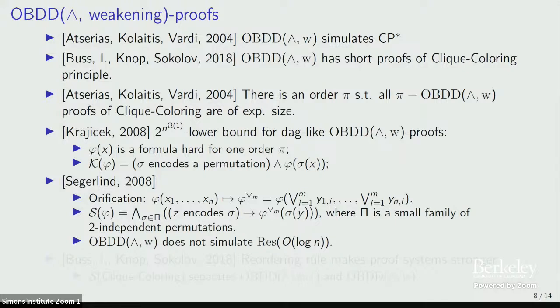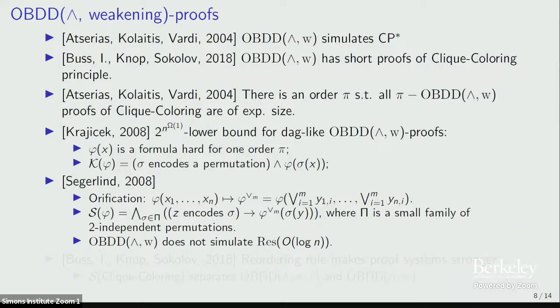And since we make this substitution, it is possible to consider not all permutations, but only a small number of permutations from the set of two independent permutations. And using this nice property, it is possible to separate this proof system from others.